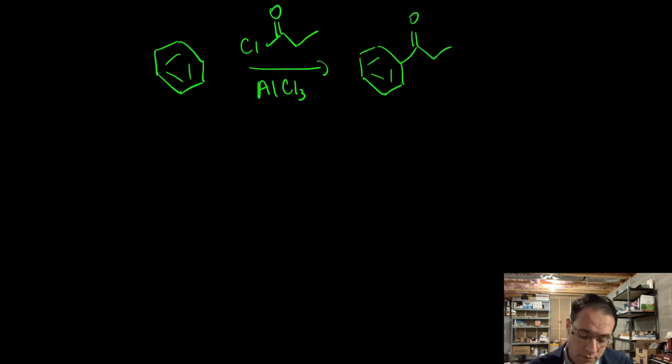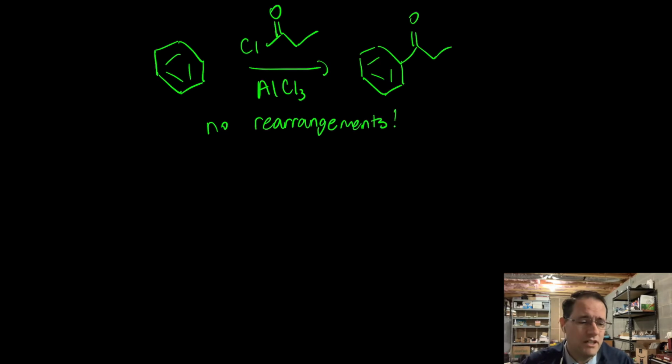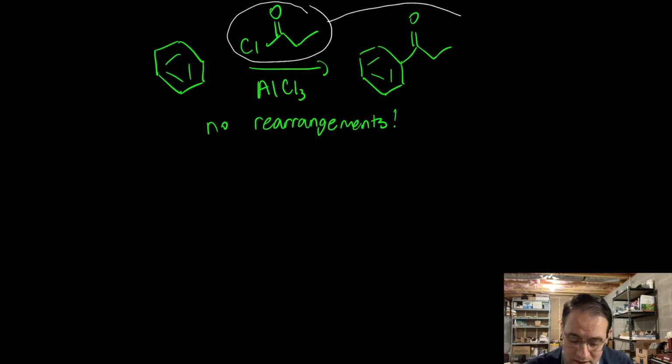And there's no rearrangement. Okay, let me take you through the curved arrow reaction mechanism here. So let me just highlight first of all that this functional group is a derivative of a carboxylic acid, and we call these acid chlorides.